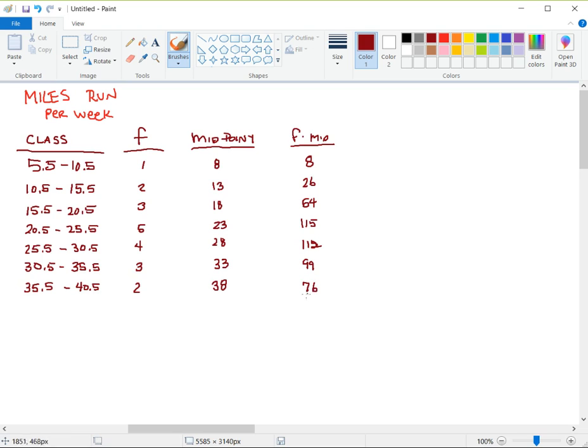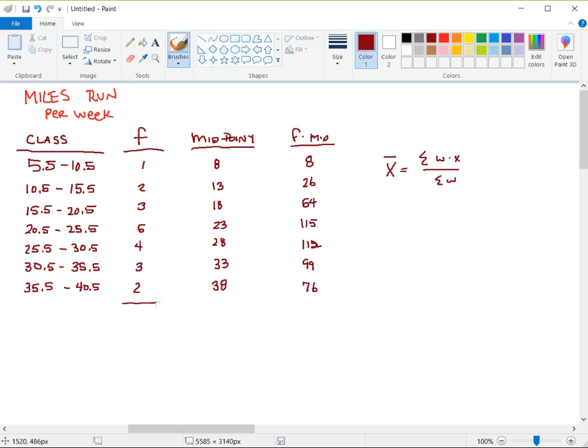And 76. So we need to get two sums here, because if you recall, for our weighted mean, it was the sum of our weights times our values divided by the sum of our weights.